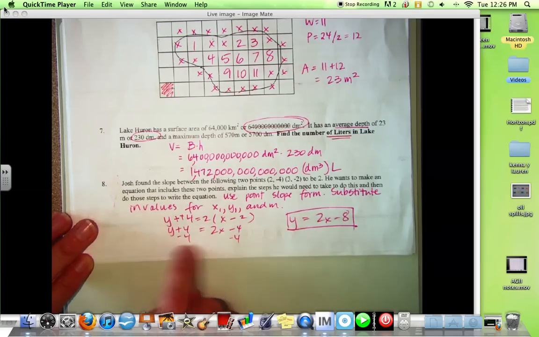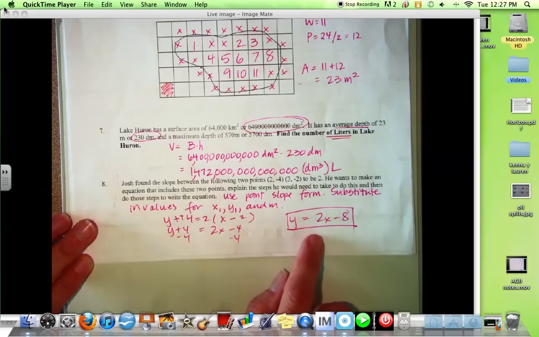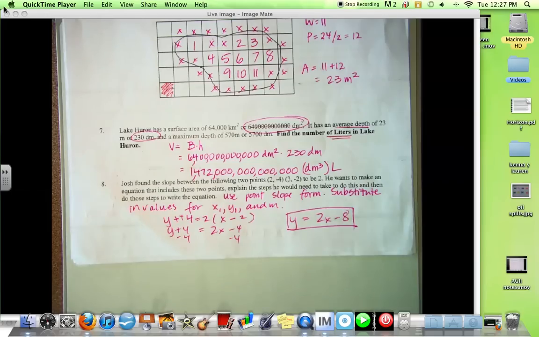Distribute, subtract 4 from both sides, and your equation is y equals 2x minus 8. Questions?